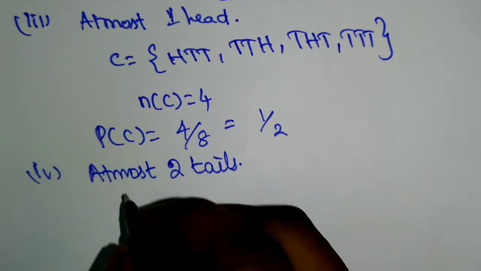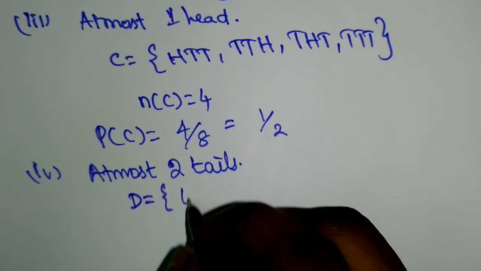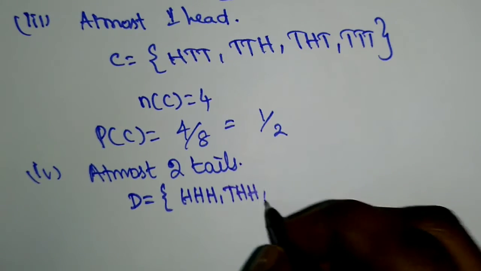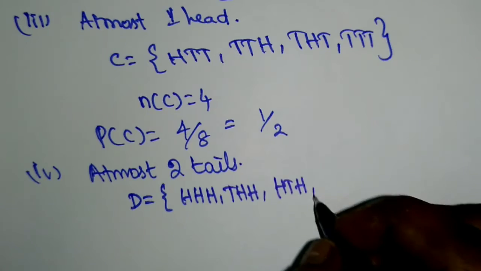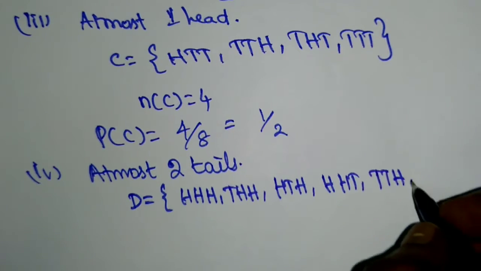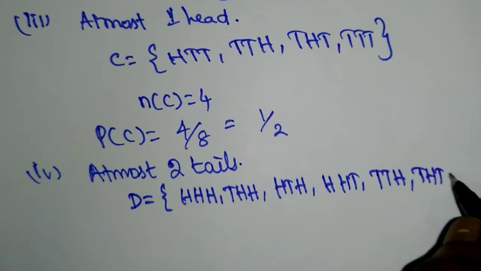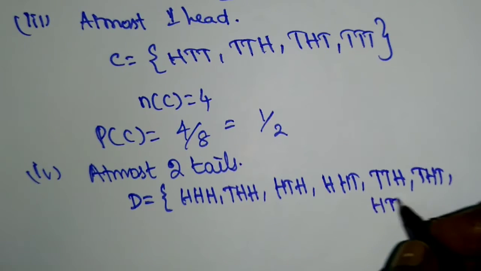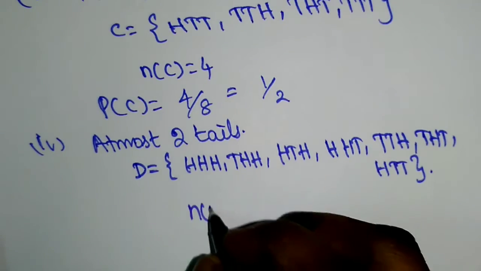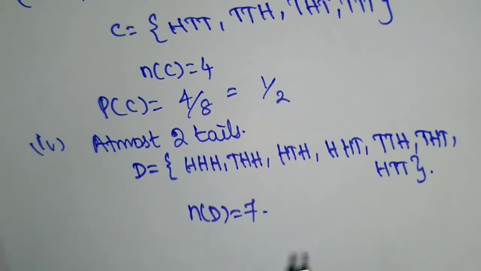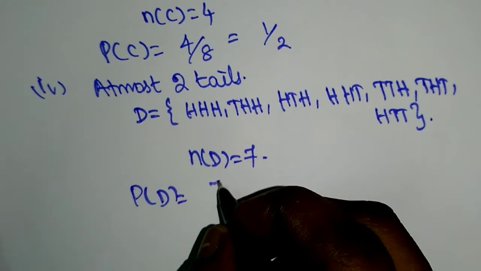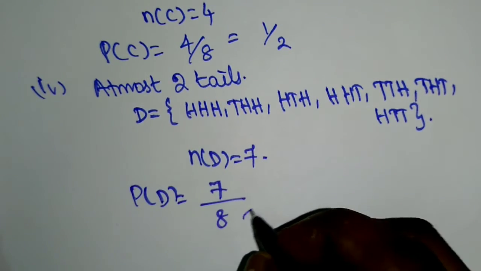So D is equal to HHH, THH, HTH, HHT, TTH, THT and HTT. So n of D is equal to 7. So P of D is equal to 7 by 8.